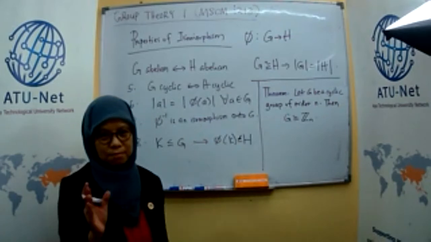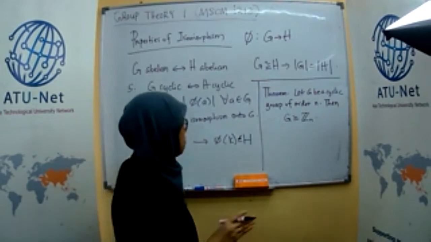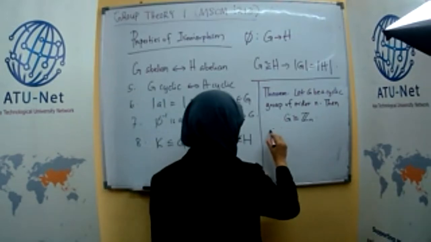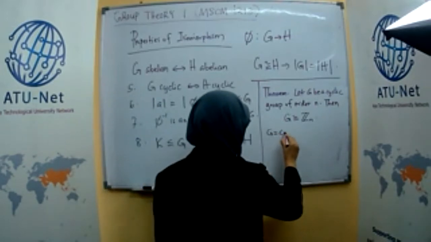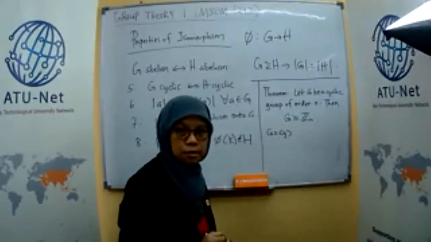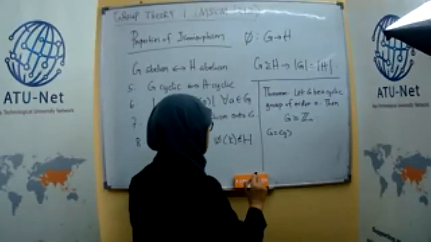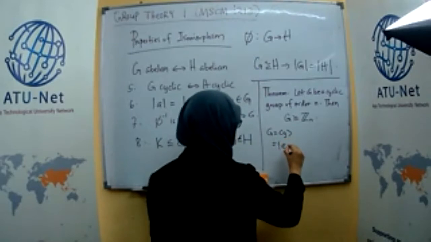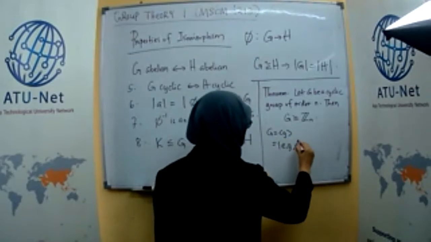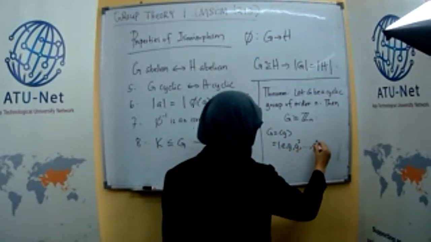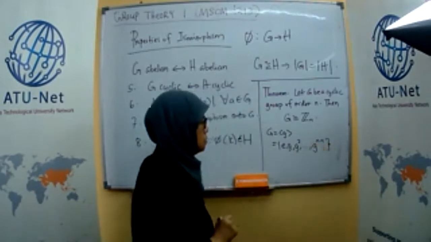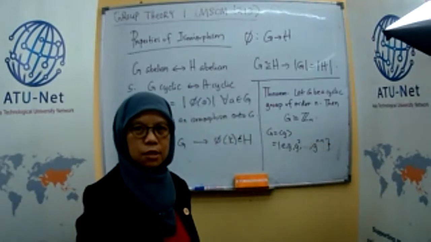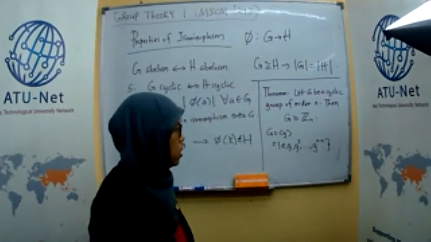How do you map? Say G is generated by g. What are the elements? E, g to the 0, g, g squared, until g to the n minus 1, because it is a cyclic group of order n. What about Zn?